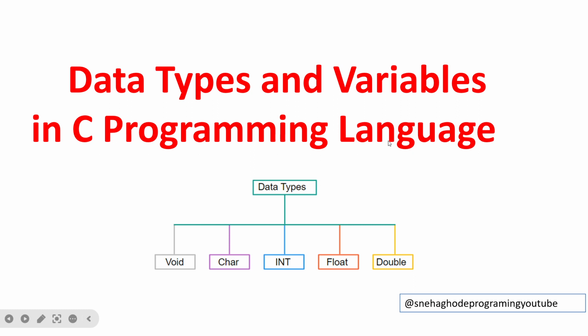Is it an integer type of data? Is it a character type of data? Is it a float type of data, or is it a double type of data? And one more thing, that is void. Void means nothing, it is not going to describe any data type. So void basically means nothing.